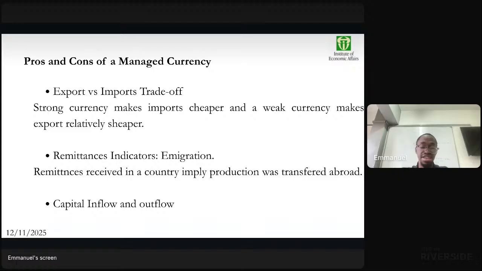That was coming in the form of remittances. Also, capital flows can be affected by currency, and when the currency is managed, if it's too weak, perhaps capital could flow away. If it's very strong, capital could flow inwards.